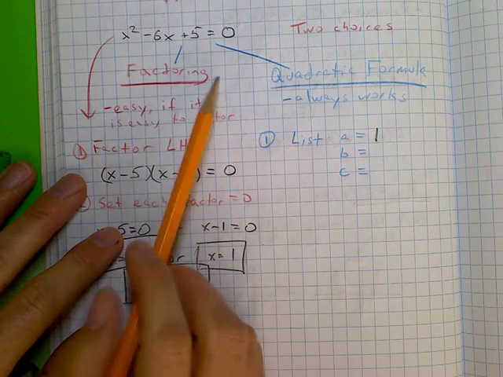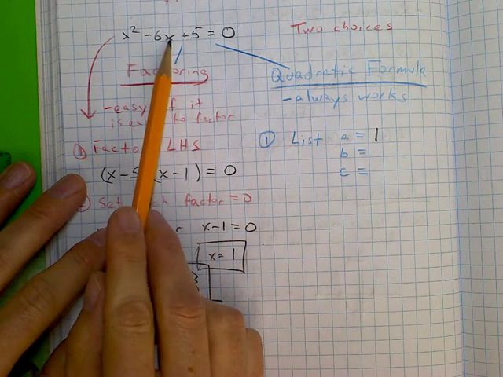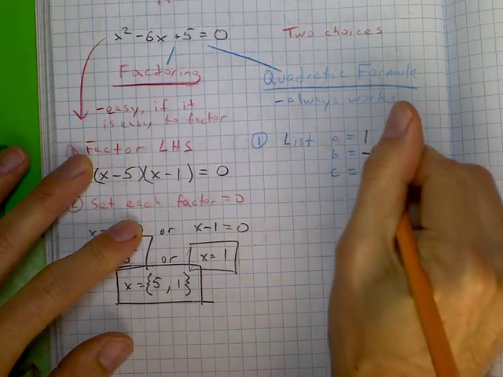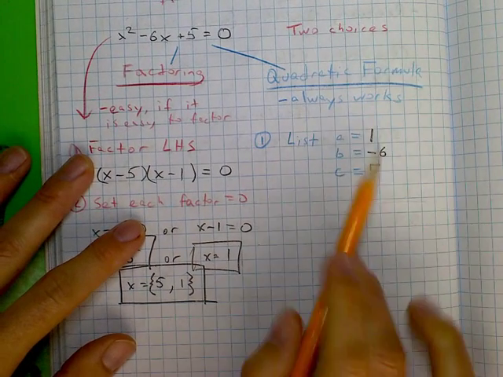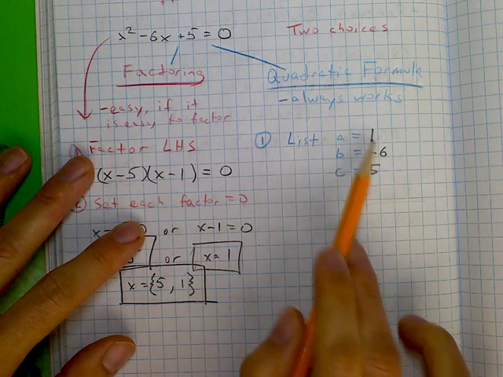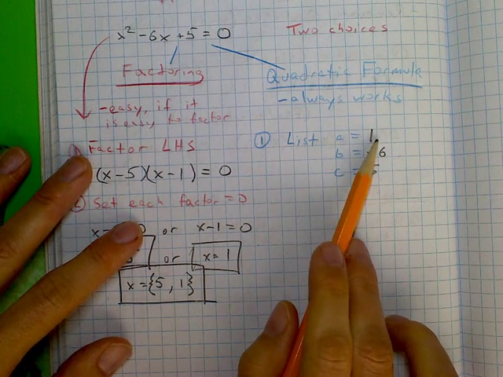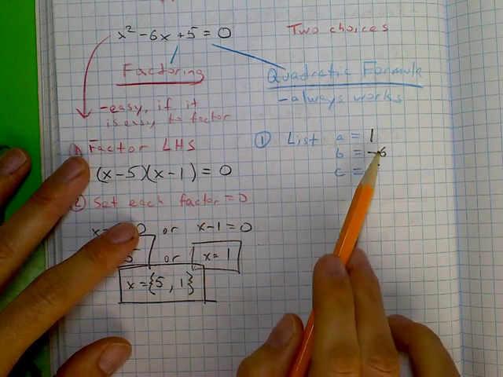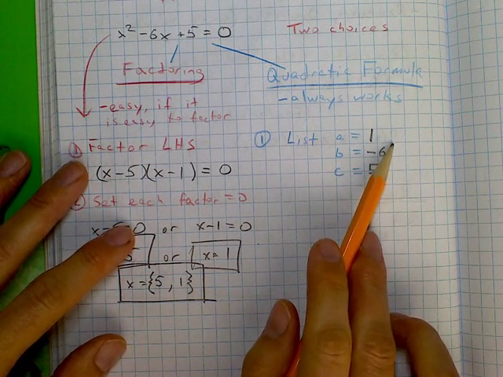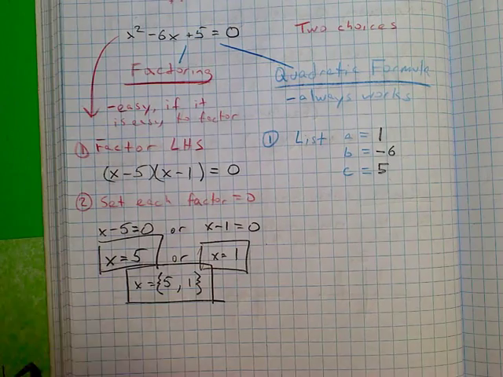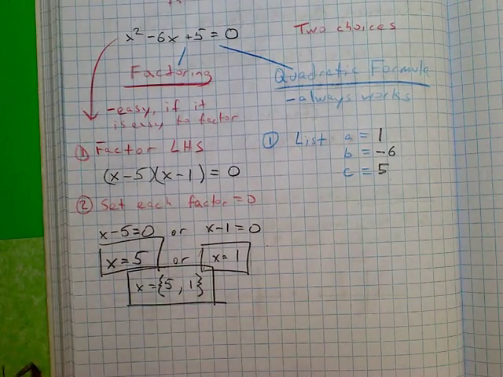The B is in front of the x term. What's the B here? And then C would be 5. Good. Notice we don't put the x's in here. Okay? So when I'm using the quadratic formula, which I'm about to, there shouldn't be any x's in the quadratic formula. It should just be numbers. That way we can work it down to just a number. So don't put the x's with the A, B, and C.